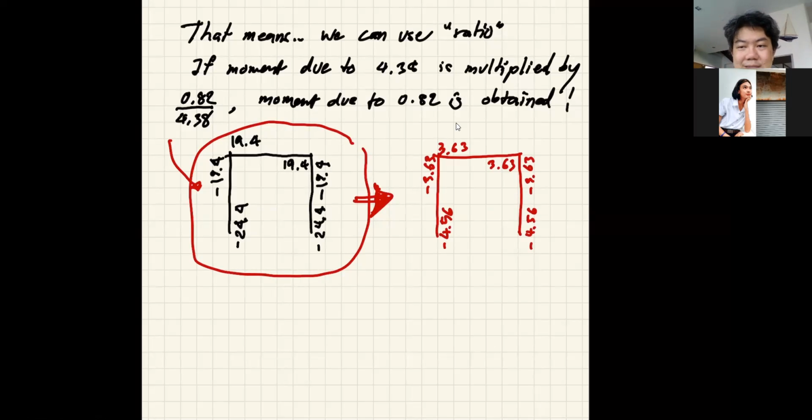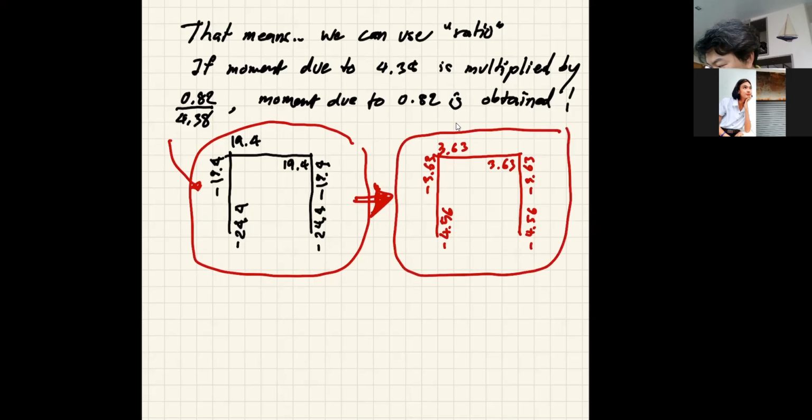In the end, you can always adjust your value by using the ratio, because we are assuming that our structure behaves elastically. So this is moment due to 0.82. So voila, now you have the moment due to the load and moment due to sway.